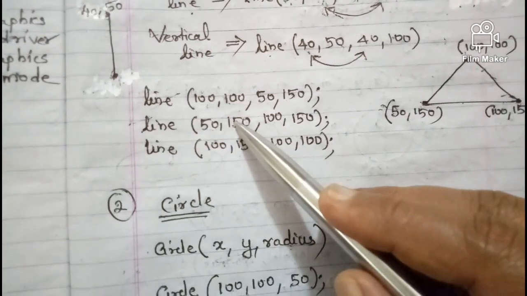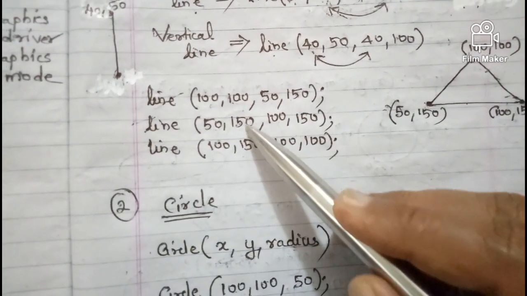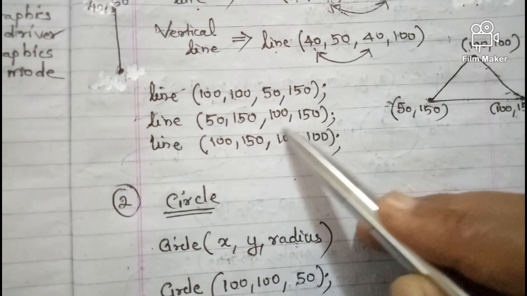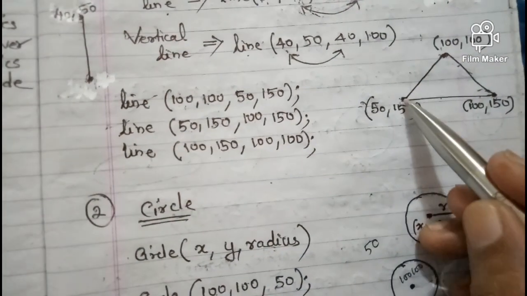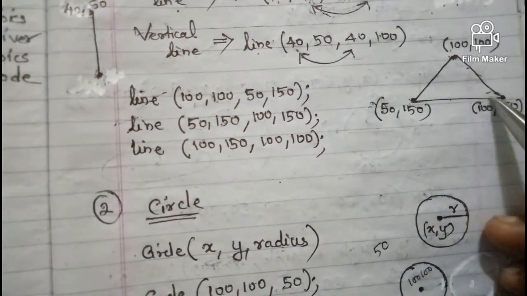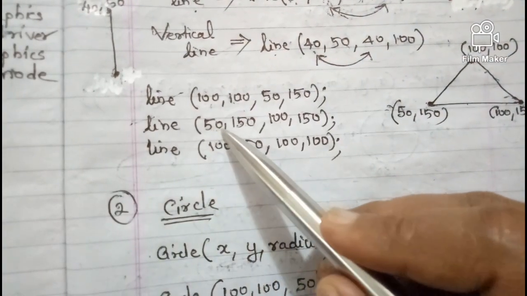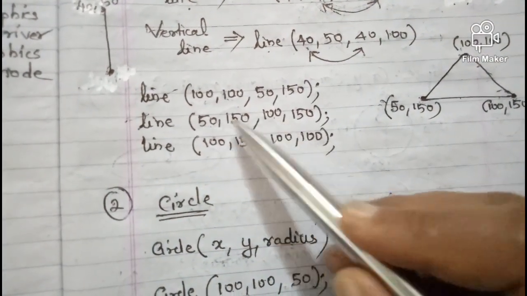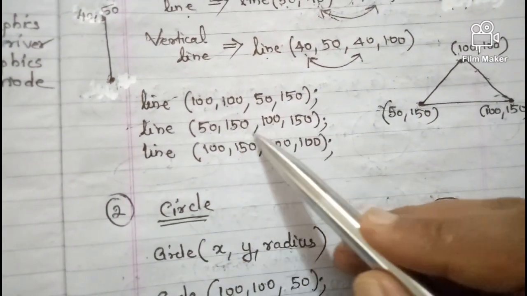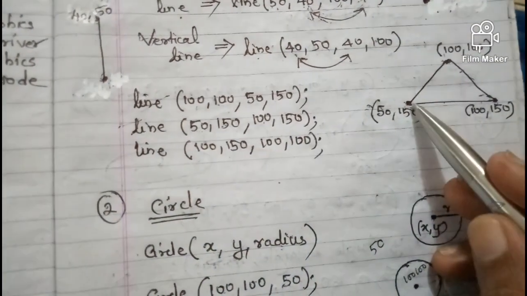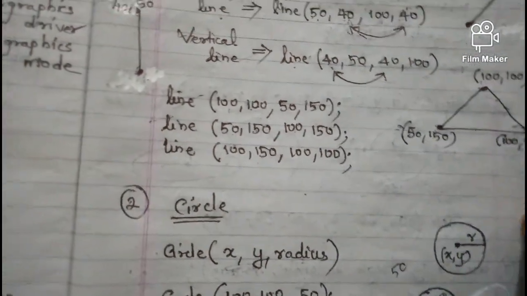While drawing a horizontal line, the rule says the row is same, so y will not be changing. And since from this position I am moving towards right, x will increase. So x increased, no change in y, so the result is a horizontal line.